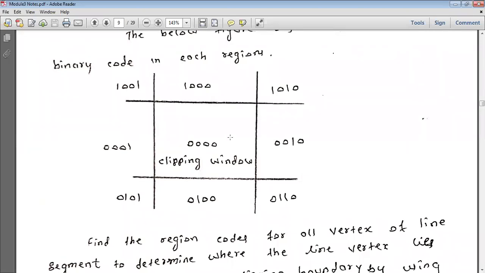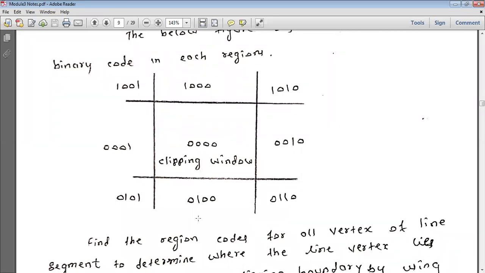Anything that comes inside the clipping window, I will represent with 0000 to my computer. So any point that is within the clipping window will be recognized with 0000. Any points going outside the clipping window will be represented with non-zeros.